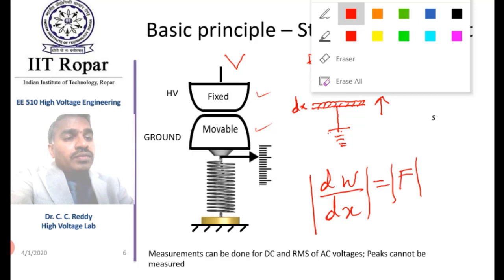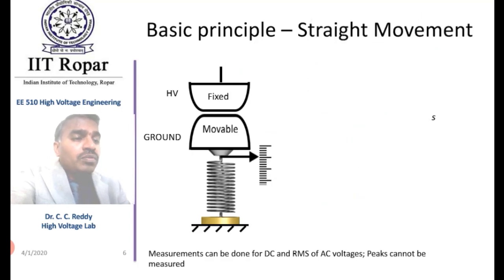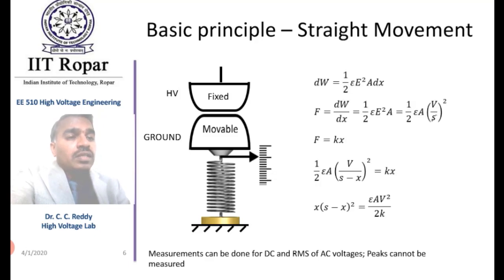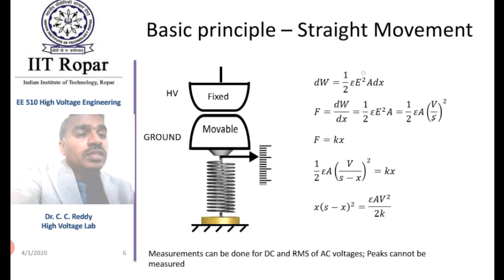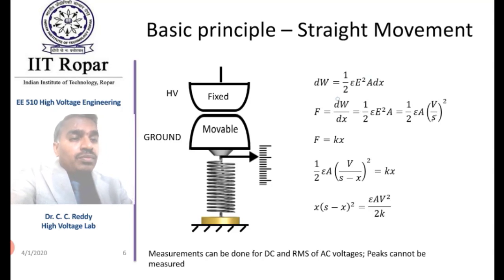Let me erase everything, and then I will put the equations here, the governing equations. This is the governing equation: dW is half epsilon E square into A dx.